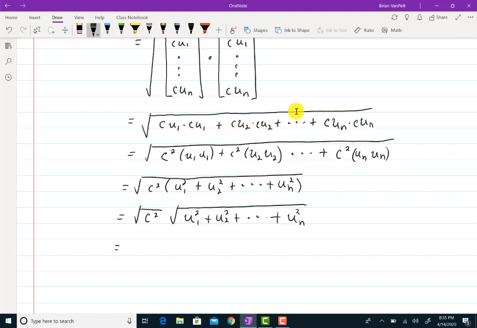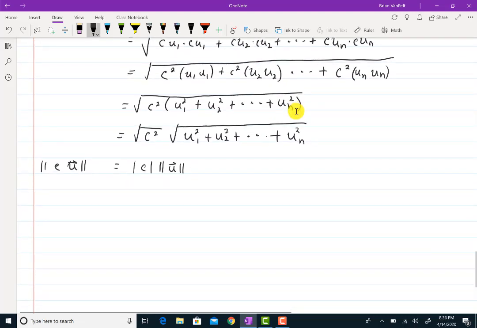And as I mentioned above, the square root of c squared is the absolute value of the number c, and the rest of it is the norm of u. So I have something of, I don't know if you'd call it an associative property, but all I'm saying is that you can sort of bring out the scalar, except you got to take the absolute value of it when you pull it out.